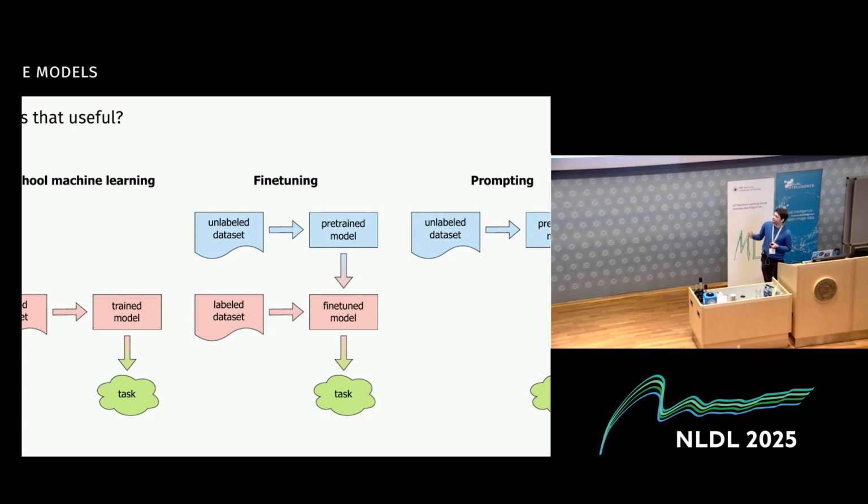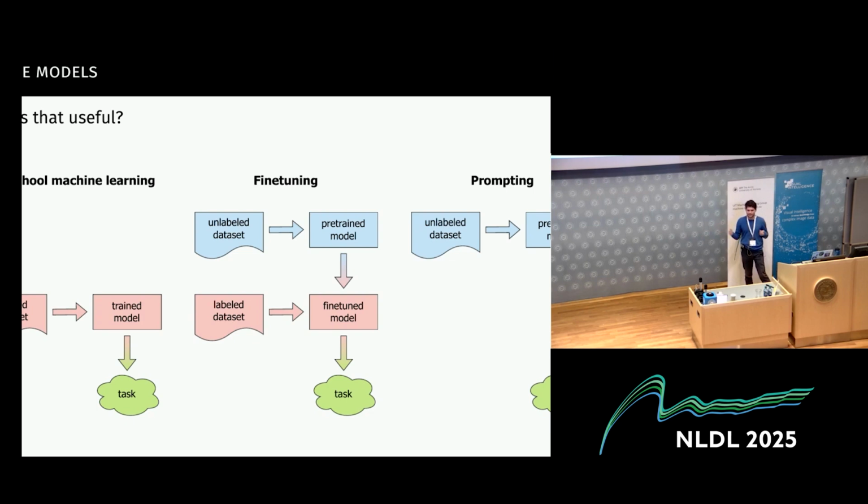This is the old school machine learning approach, but more modern approaches use fine-tuning and prompting. We'll mostly cover prompting, but let me just quickly talk about fine-tuning. With fine-tuning, we use the language modeling just as a proxy. When we train this huge neural network on language modeling, it's an unlabeled task where we can use huge amounts of data.